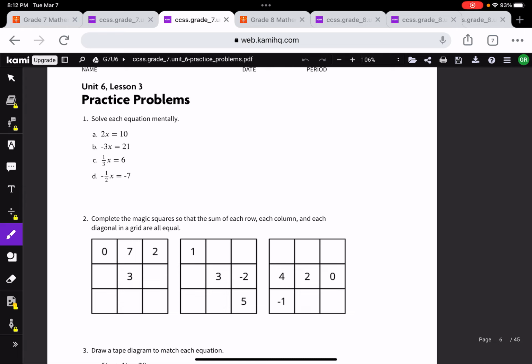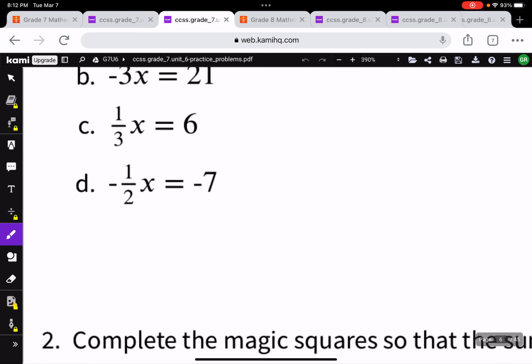Anyway, number 1, solve each equation mentally. I'll help you with this last one, but it's kind of saying, well, 1/3 times what? Be paying attention to positives and negatives. First off, I know letter C is going to be positive because a positive times a positive. So 1/3 times what is 6? Or 1/3 of what is 6? Well, 1/3 of 3 is 1.